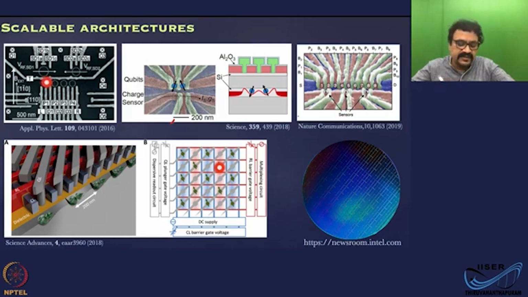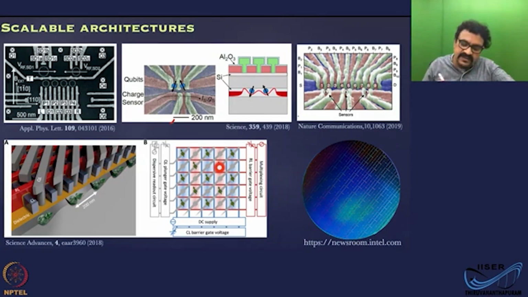This is a 4-qubit system. There are 2 sensors also here. This is a MOSFET enhancement mode architecture quantum dot, and this is using the same design. This is like a 9-qubit register. There are 9 of these qubits here, and there are 3 sensing devices made in silicon.